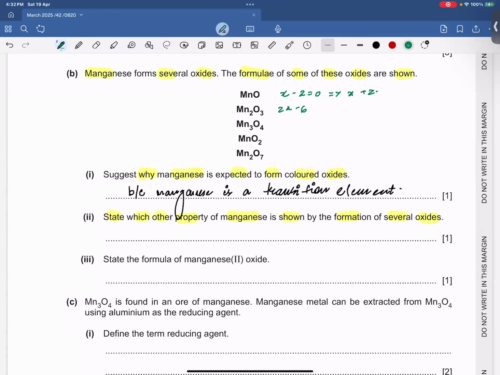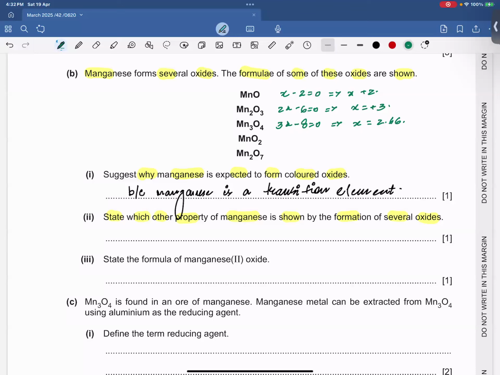Then 2x minus 6 equals 0, then x equals +3. Then 3x minus 8 equals 0, then x equals 8 divided by 3, which is 2.66. Okay, that's the fraction value.